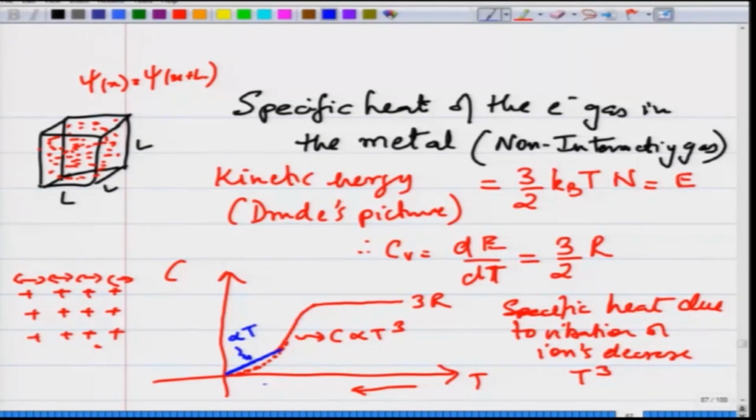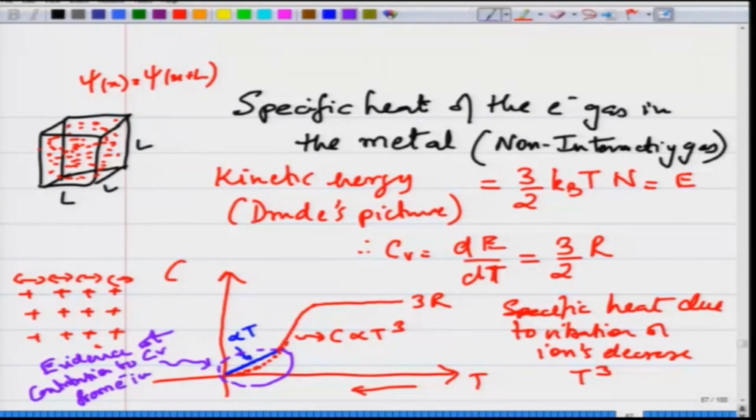This linear regime, where the specific heat behaves linearly with temperature rather than vanishing as T cube, was shown to be evidence of a contribution to specific heat from electrons in the solid.